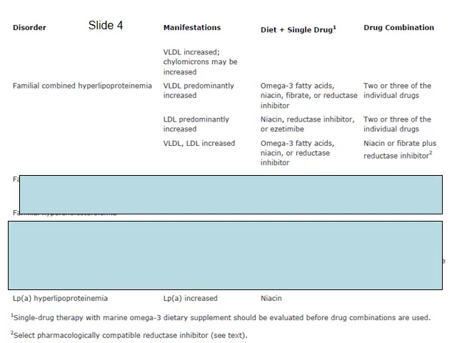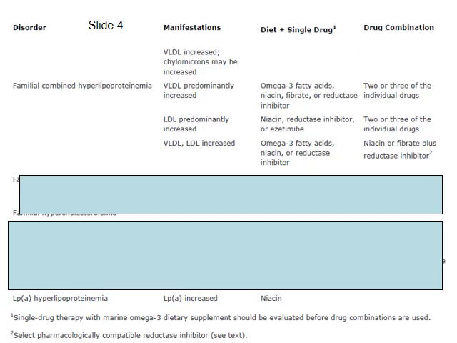There's familial combined hyperlipoproteinemia, and this is a disorder where you may see VLDL increased, chylomicrons may or may not be increased, but VLDL is predominantly increased in this disorder. And again, dietary modifications may be effective, but generally in combination with monotherapy are effective.